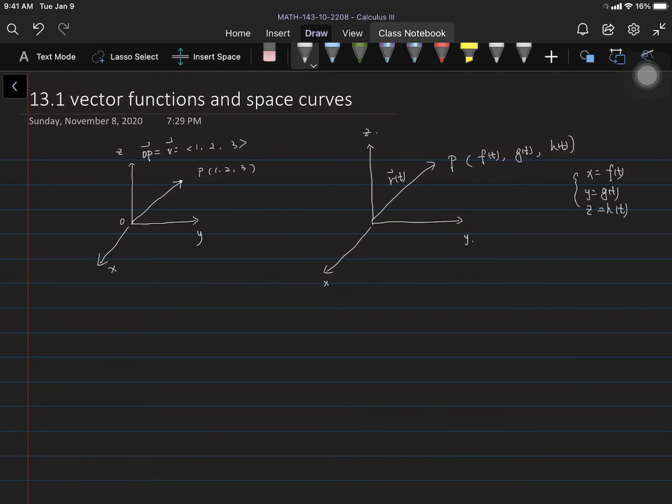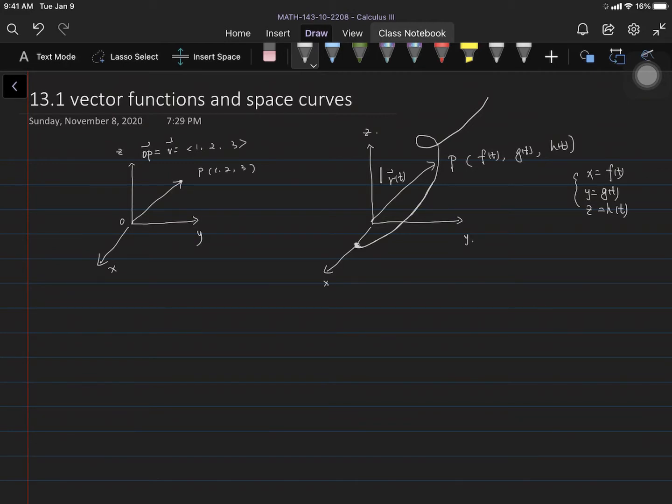Okay, and we can take a look. So when t changes, our r(t) definitely changes. Sometimes, for example, it may give us just a curve. So when t equals 0, it may start at the beginning here, and then as t goes, it gives us a curve. And this is called the space curve, given by the vector function.